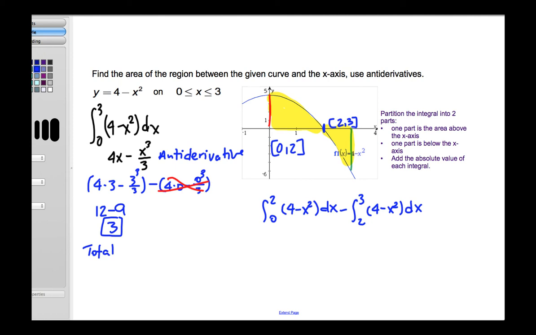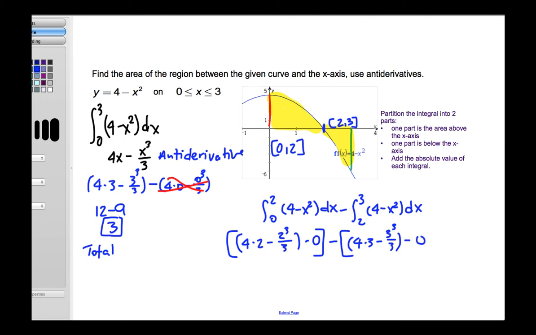And so on both of these, the antiderivative would be the same thing. So I would do stop minus start here, which is going to be 4 times 2 minus 2 cubed over 3, minus the 0. So that's the first integral. And then minus the second integral now would be the stop, which is going to be 4 times 3 minus 3 cubed over 3.